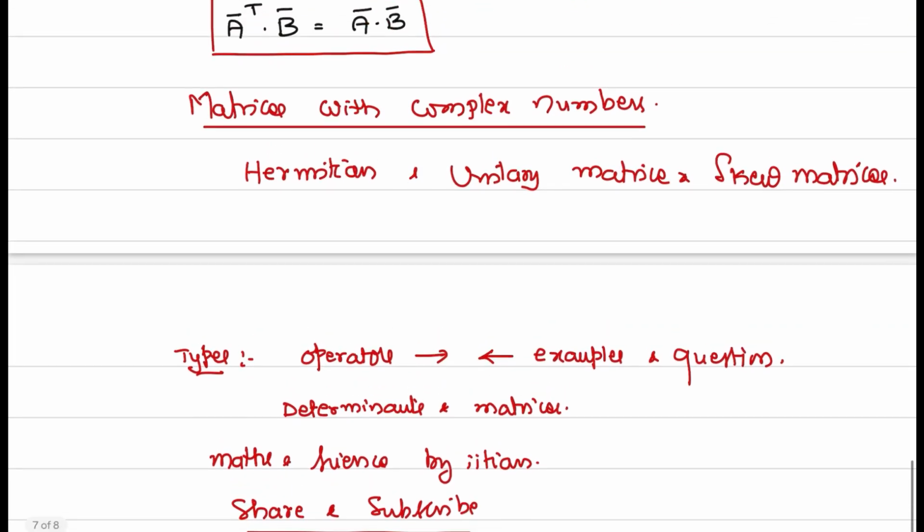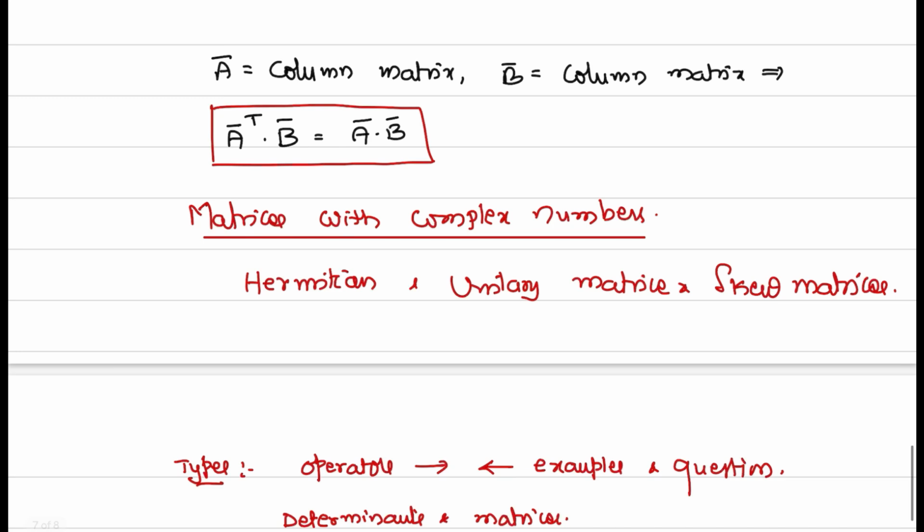In this particular thing, because it's a matrix operation, you should not put dot or cross. We should not put vector also here. It's a matrix operation and it's a scalar product. Not dot or cross, we can do like this.